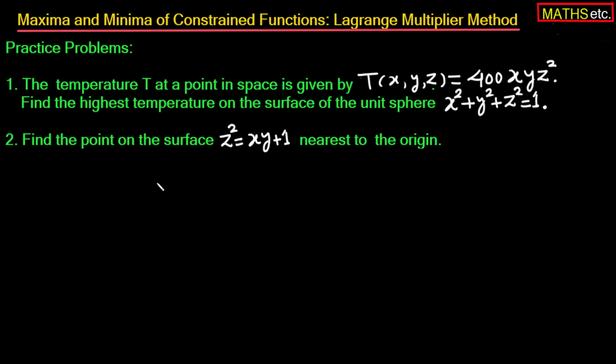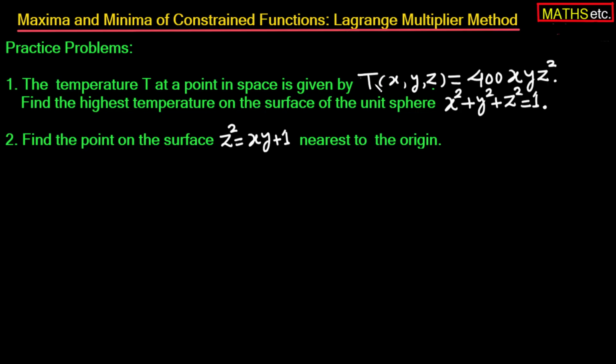If you understood this lecture, here are two practice problems for you. In problem number 1, find the highest temperature in a space where the temperature function is given by T equals 400xyz squared, on the surface of the given unit sphere.